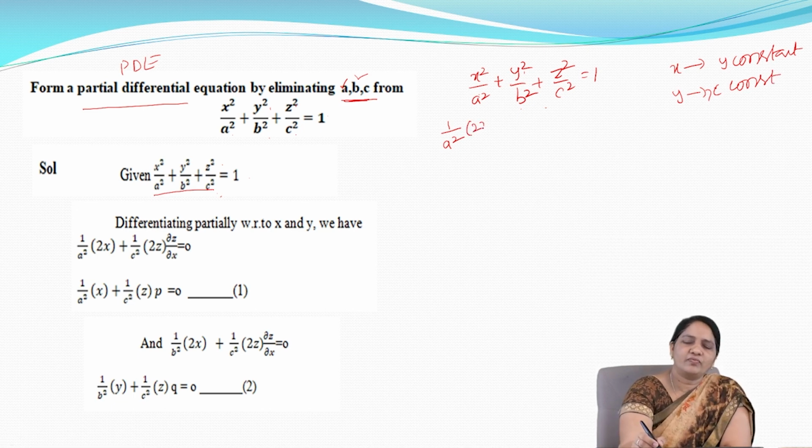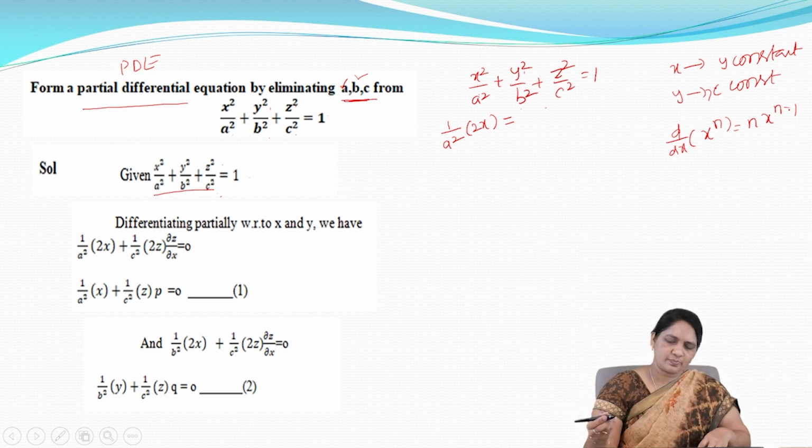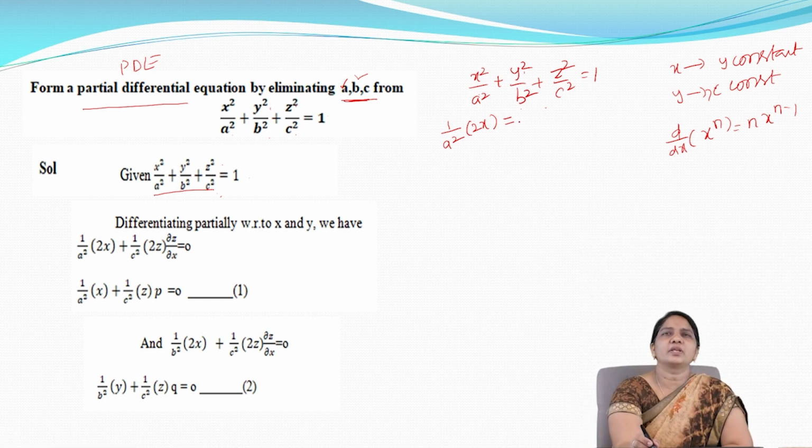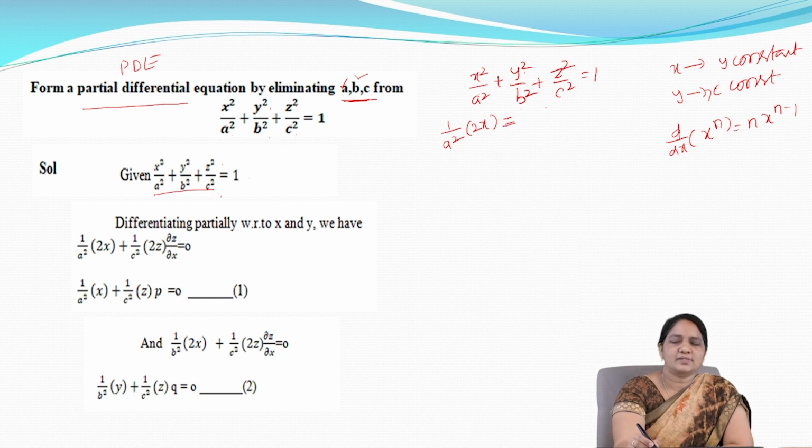So 1 by a square is the constant. The derivative of x square is 2x. Already we know the derivative formula, d by dx of x power n equals n into x power n minus 1. According to that, derivative of x square is 2x. Then 1 by b square is a constant and y square is also constant, right?